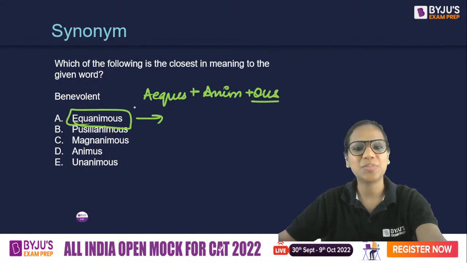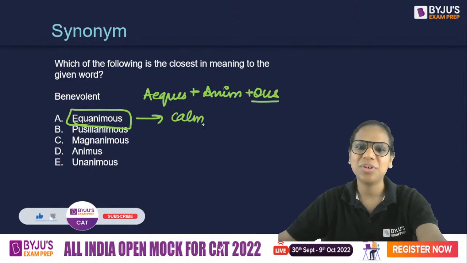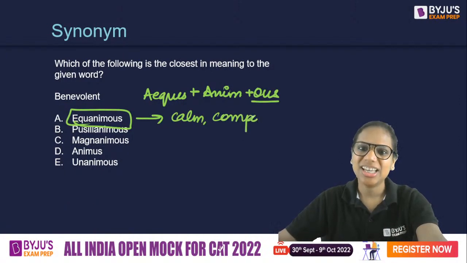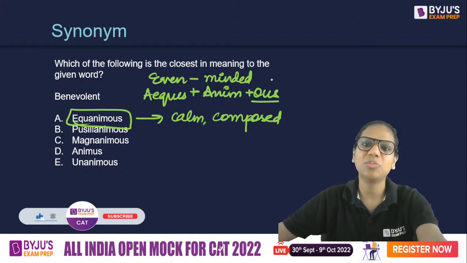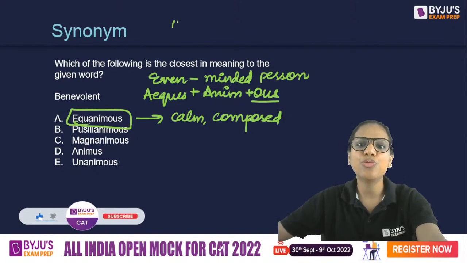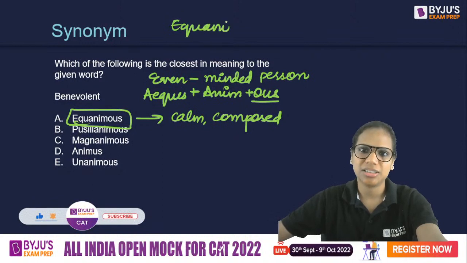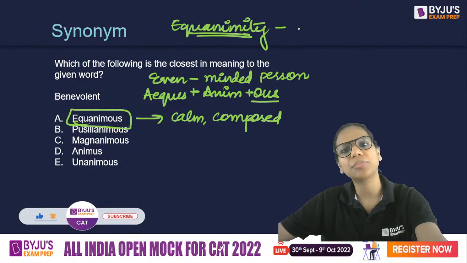Composed, calm, absolutely correct. Calm, composed. Somebody who is of an equal or even-minded person, an even-minded person is an equanimous person. The noun form of it is equanimity. Equanimity. That is composure, calmness.